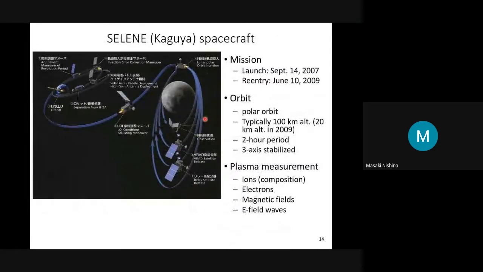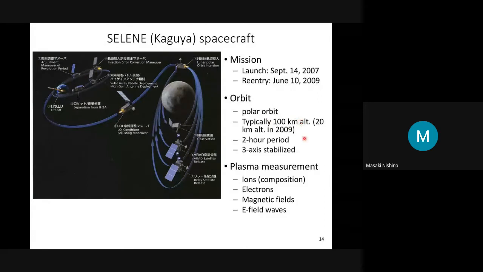And actually, time flies like an arrow, but we have a lot of Kaguya spacecraft data. We obtained 1.5 years of operations data, and it was a polar orbit, as you know, with a typical height from the lunar surface of about 100 kilometers.